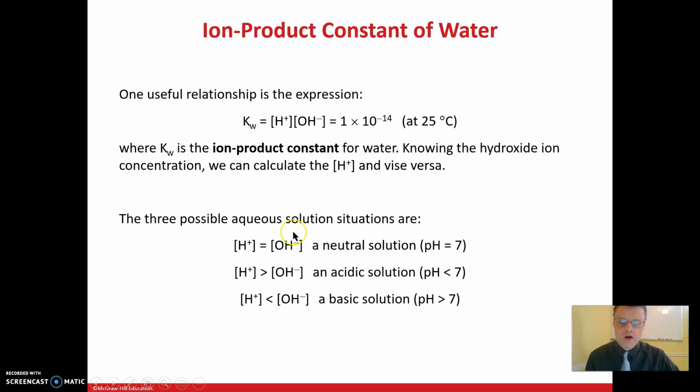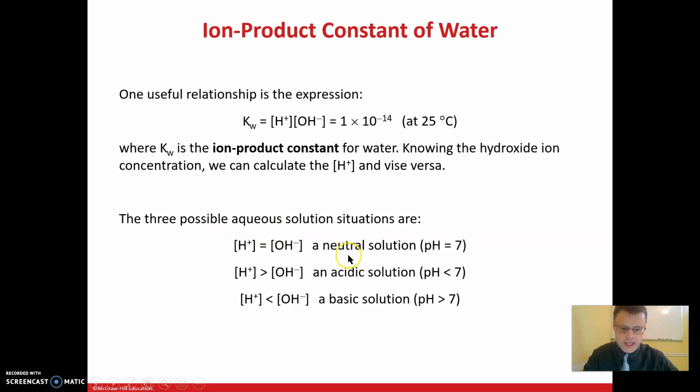What this means is that if we know any one of those three, either the concentration of H plus ions, the concentration of OH minus ions, or the pH, we can calculate the other two.